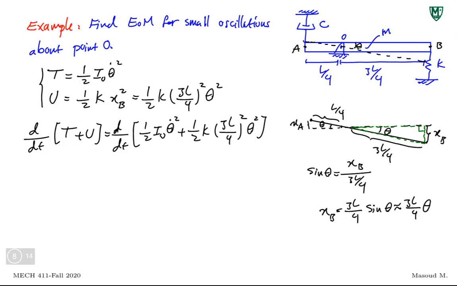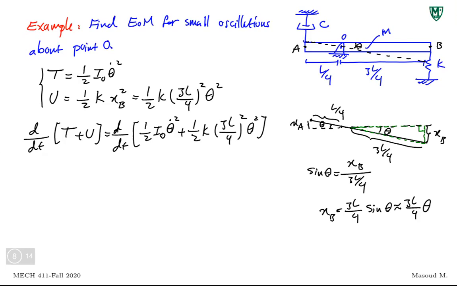Now, I'll just write this, but you do the same thing you did before. d/dt becomes d/d theta dot times d theta dot/dt, or d/d theta times d theta/dt. For theta dot, d/dt of theta dot becomes d theta dot/dt, which becomes theta double dot.